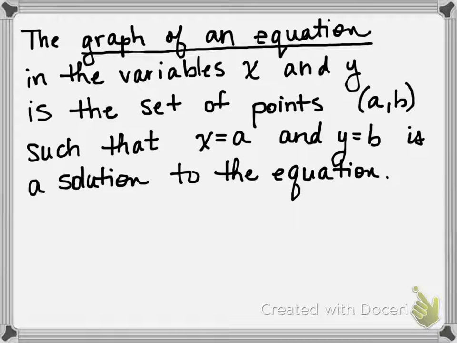So if I've got a point on the graph of my equation, that means if I substitute x equals a and y equals b, we have a solution to our equation.